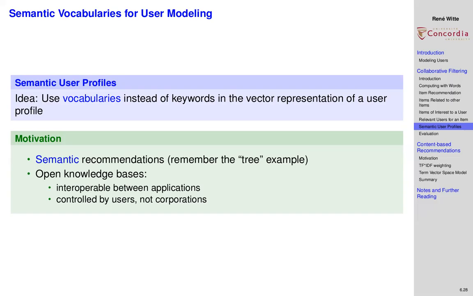So there are some ongoing initiatives to make these profiles both open in the sense that they are owned by the user, shareable between different applications, and controlled by the user. And this is connected with the idea of having it in a semantic format, because if you want to share it, there has to be a clear semantic what an entry in this profile means.